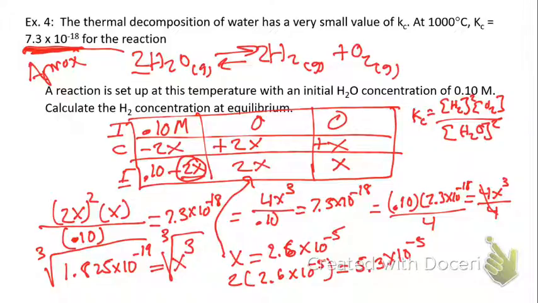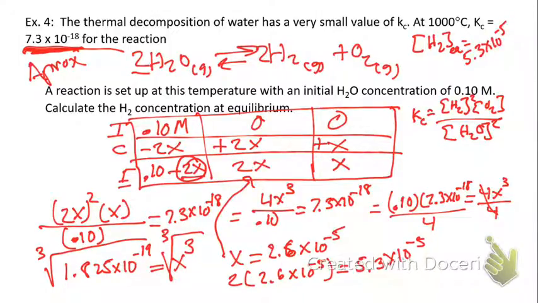So again, if I take 2 times our x value, I will get the equilibrium concentration. H2 gas at equilibrium has a concentration of 5.3 times 10 to the minus 5.